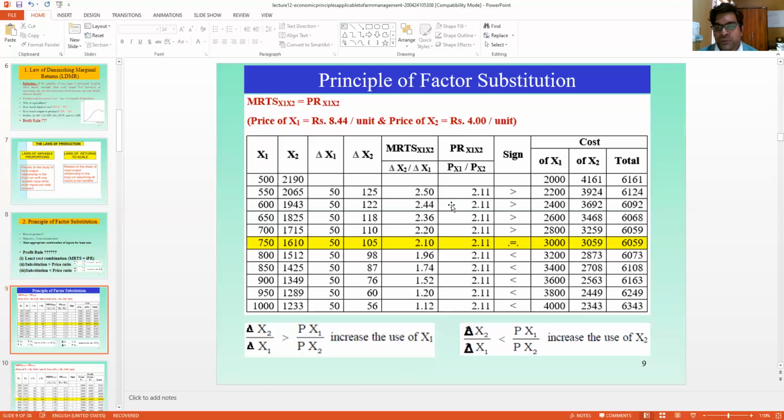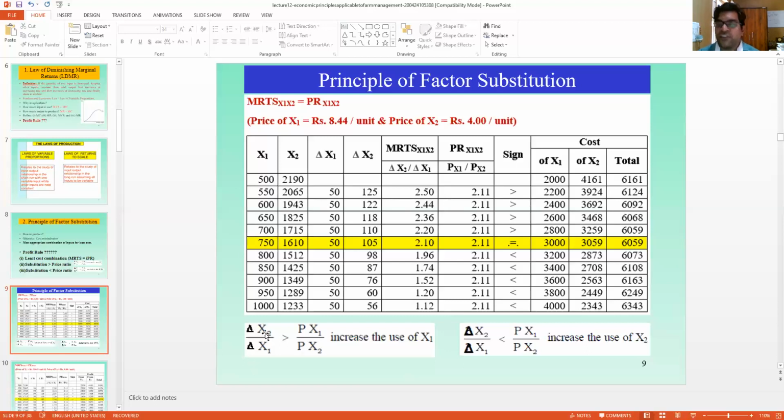What is coming now? You see now cost 6092. So from 6068, the total cost has increased to 6092, which is not advisable, because the decision should be decreasing the cost. So that is why we have to add x1 so as to decrease the cost.